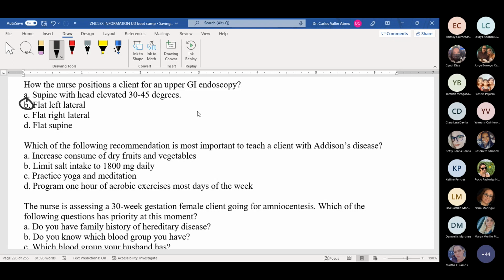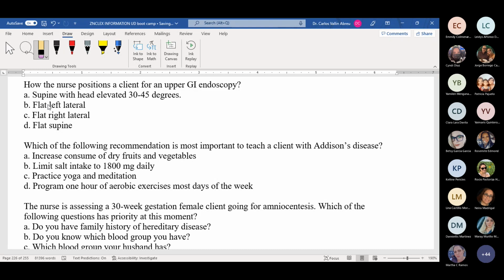You know that it is concordant with the recovery position, the lateral position, in which, in case there is a regurgitation or vomit, it minimizes the risk of aspiration. And second, the left dependent position facilitates the advance of the endoscope into the stomach. So that's it. This is the right answer.